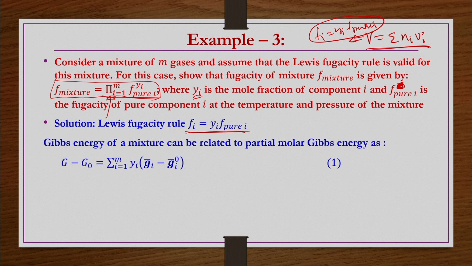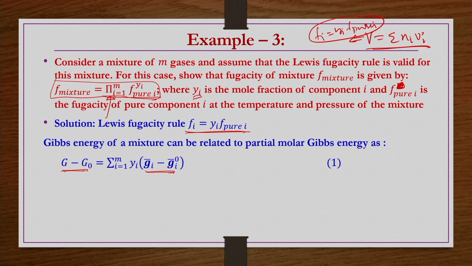That is the symbols we are following for this lecture. In the previous lecture also we followed the same thing. So now what we have to do is make a relation for G minus G naught for a mixture in terms of fugacity. Similarly, we have to make a relation for g_i bar minus g_i naught bar for the ith component in the mixture.